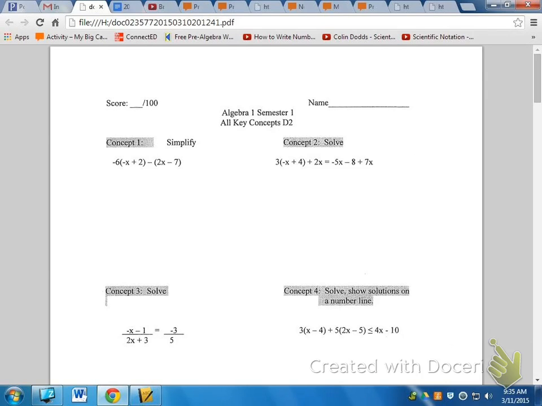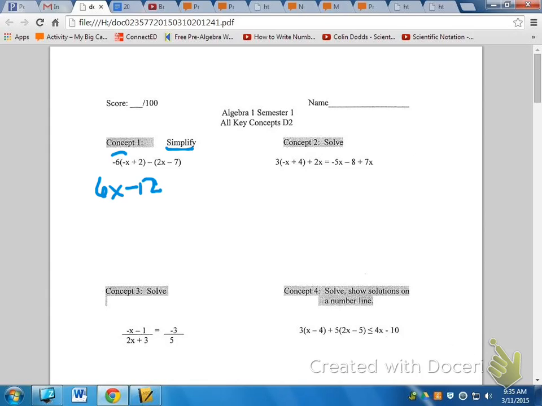So we're going to start off by looking at concept 1, and it says to simplify, and that would mean that I need to distribute and then combine like terms. So negative 6 times negative x would be 6x. Negative 6 times positive 2 would be negative 12.